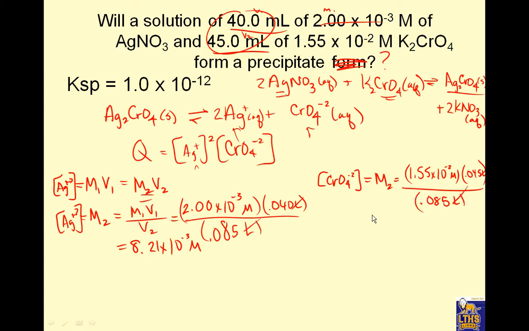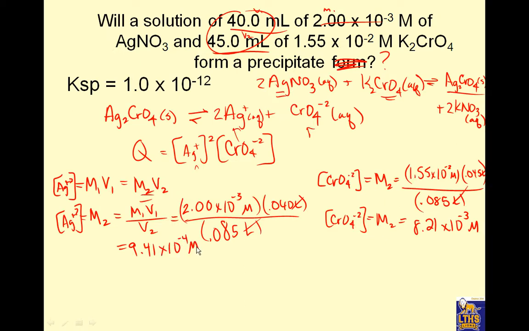So the concentration of chromate ions in this solution, after we mix those two solutions together, is 8.21 times 10 to the negative third. You're like, but Mrs. Harbin, you just wrote that down for the silver. Actually, I put the wrong answer in there. When you multiply 2 times 0.04 divided by 0.085, you get 9.41 times 10 to the negative 4.